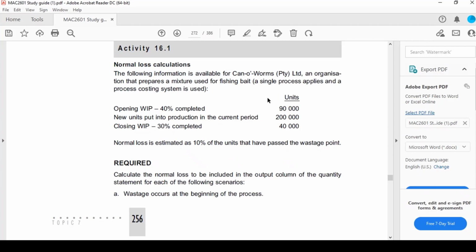The units that we've been given here: we've got opening WIP, 40% completed, 90,000 units. Then we've got new units that come into production, 200,000. And our closing WIP is 30% completed. Your normal loss is estimated at 10% of the units that pass the wastage point.